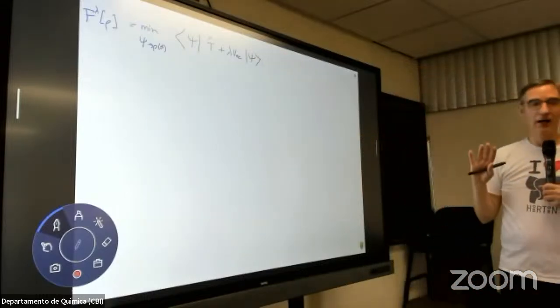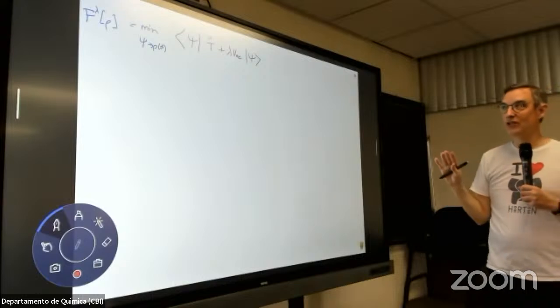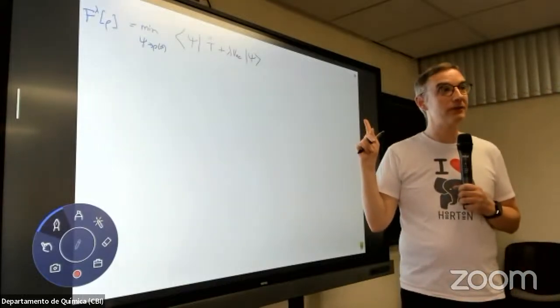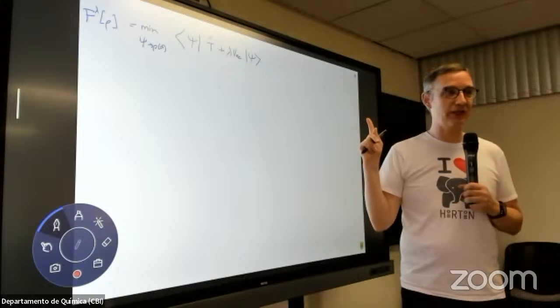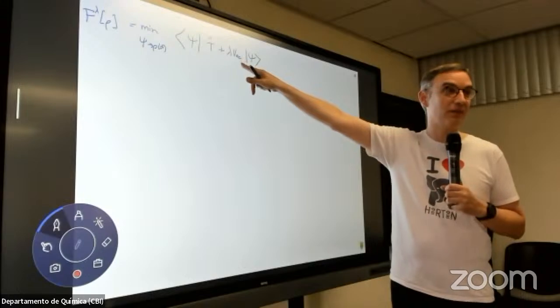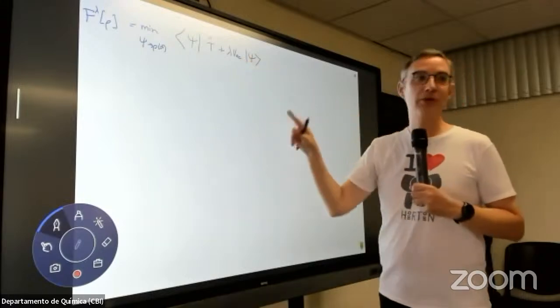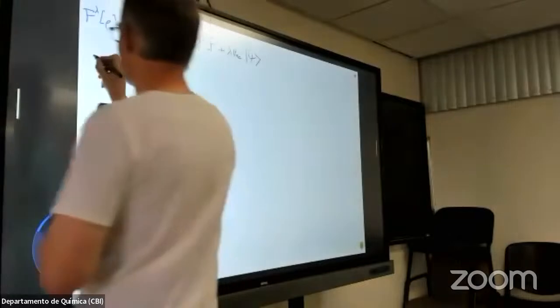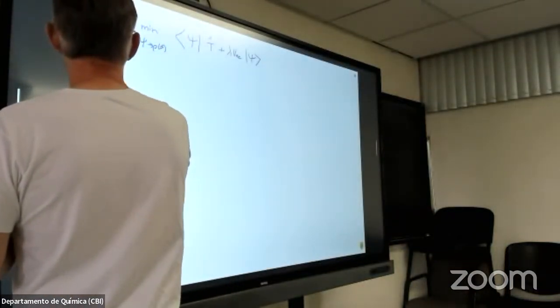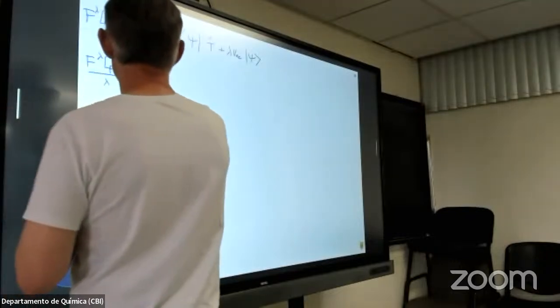Now, I'm going to play a game, which is to say, well, lambda equals 0 was easy. What about lambda goes to infinity? Now, lambda goes to infinity is unpleasant because this thing goes to infinity. So I'm going to play a game, and instead I'm going to do F lambda of rho divided by lambda.